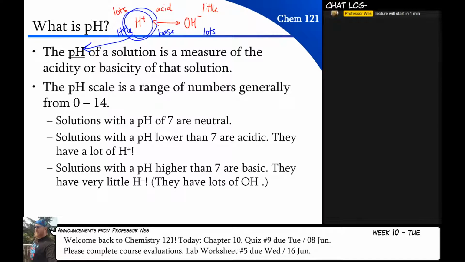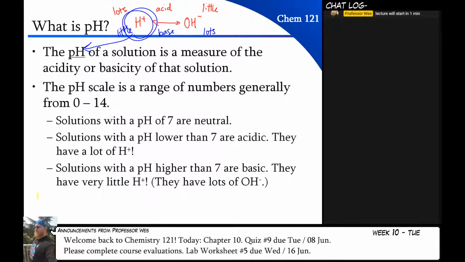A solution with pH 7 is considered to be neutral. What that means is that there's the exact same amount of H+ and OH- in the solution, and there's not very much of it. There's very, very little anyway. If the pH is below 7, the solution is considered to be acidic.